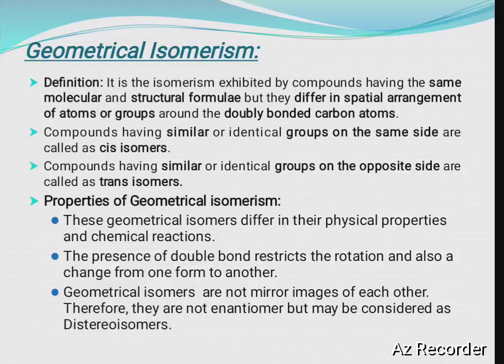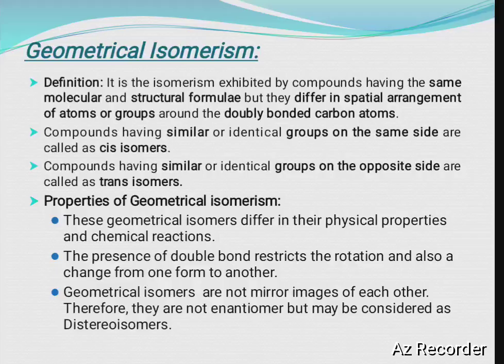Here the groups or atoms are attached to the carbon atoms involved in the double bond formation. Their spatial arrangement is different. Due to that, there arises an isomerism known as geometrical isomerism.